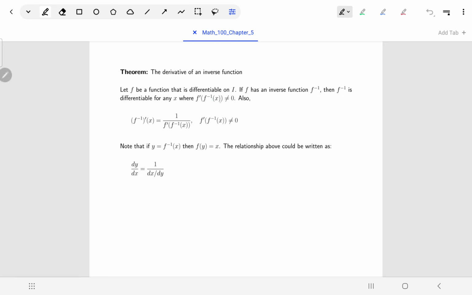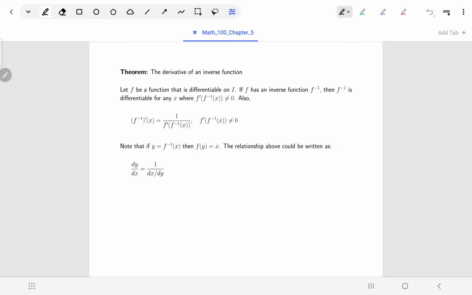So this theorem is now telling us we've got ourselves a nice differentiable function that has an inverse, and if you wanted the derivative of that inverse, then that would just be the reciprocal of the derivative of f. Specifically, if you're looking for the derivative of f inverse at x, then that's the reciprocal of the derivative of f evaluated at f inverse of x.